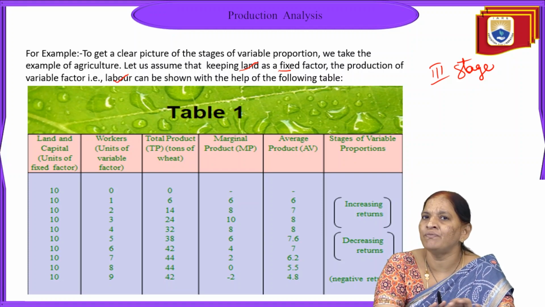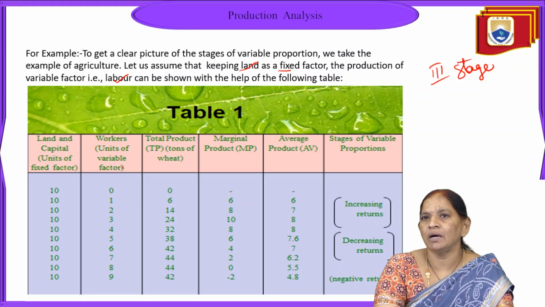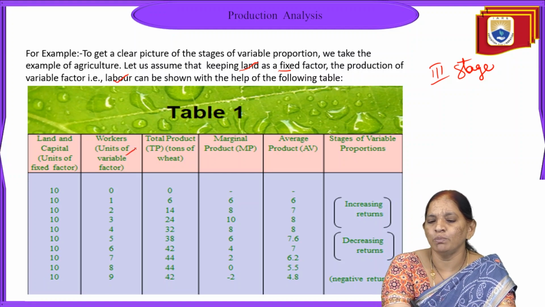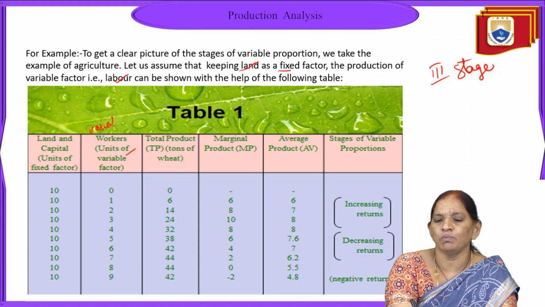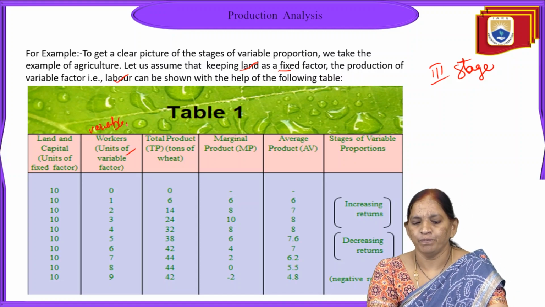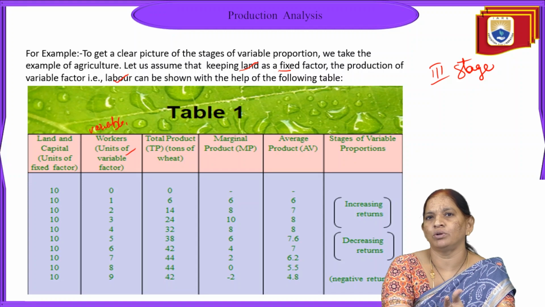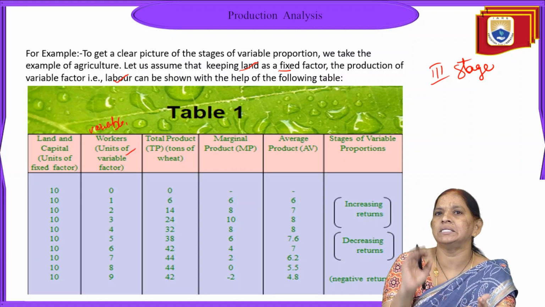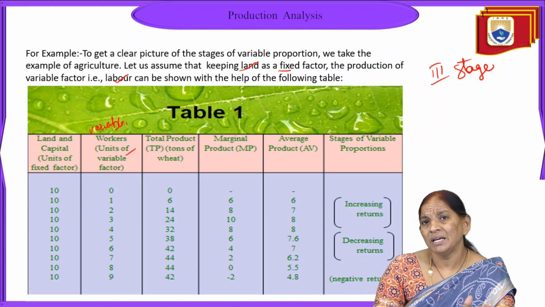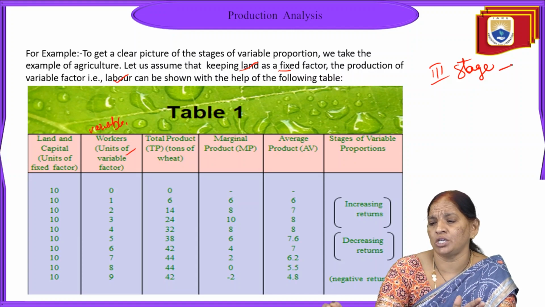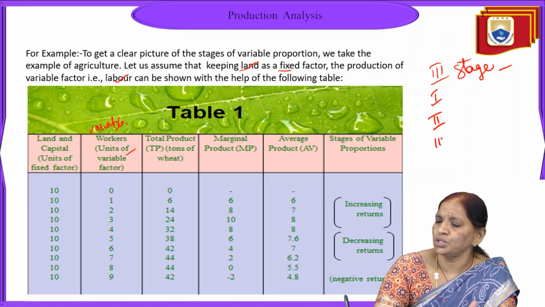Because land is a fixed factor. Next, the second one is the variable factor. So what is this variable factor? That is labor. We start with 0 amount of labor and go on increasing the labor. So we have to identify the 3 stages here: stage 1, stage 2 and stage 3.